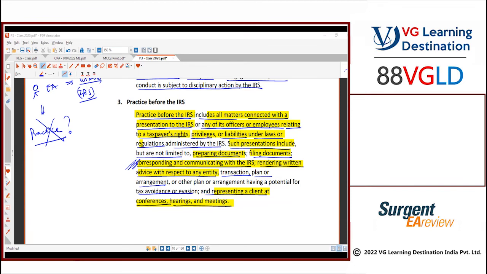Correct? Furnishing information, you're saying it, right?